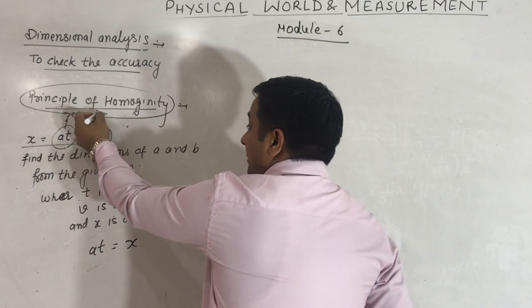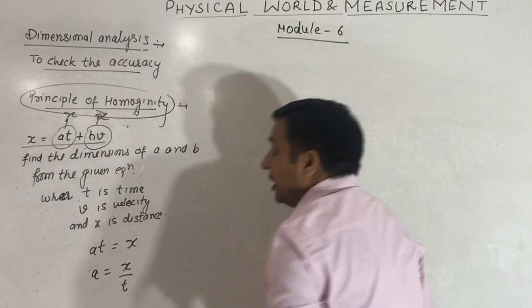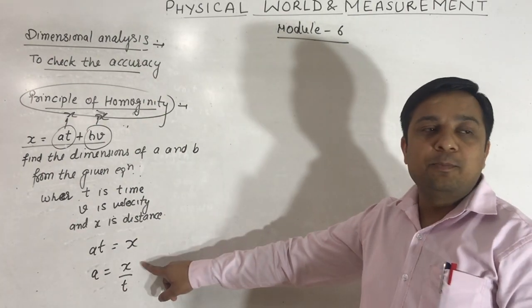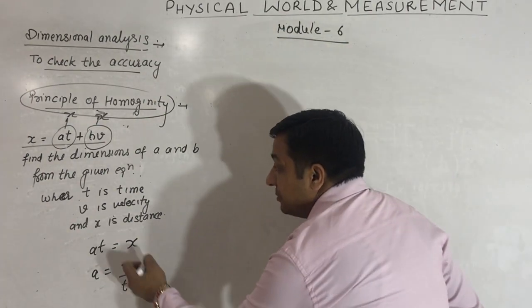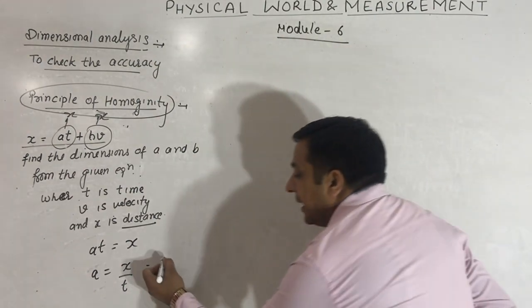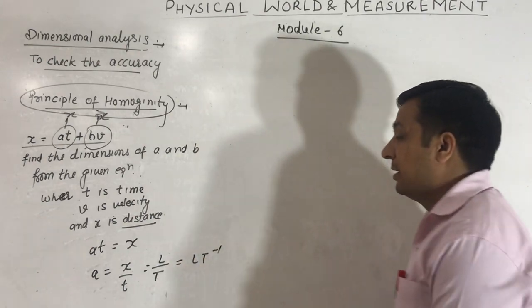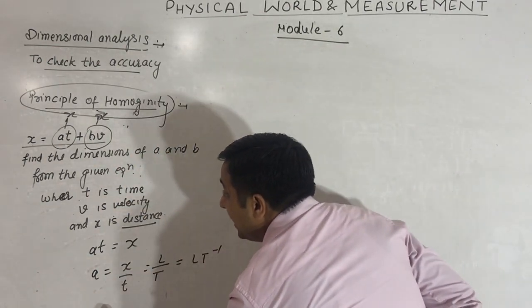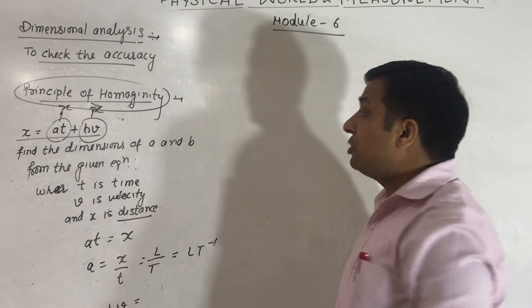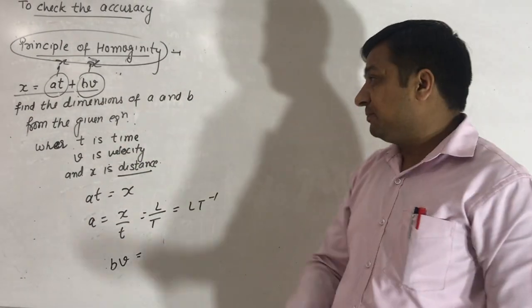Here A is equal to x by t, and you should know the dimension formula of x, because this is distance. Distance is considered as length L, so it is L by T, that is LT minus 1. Similarly Bv is also distance, because there is a plus sign.